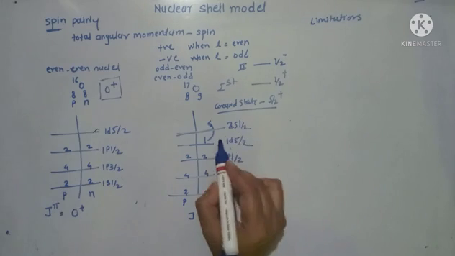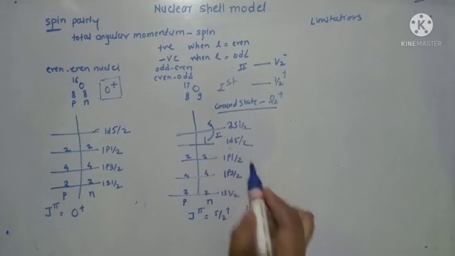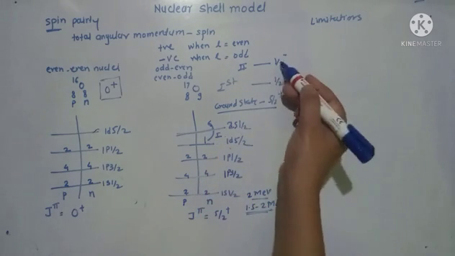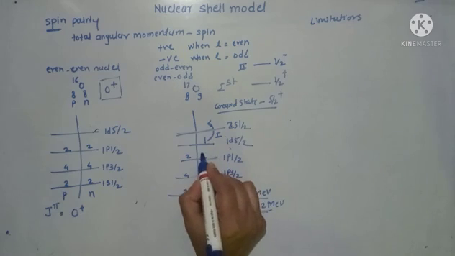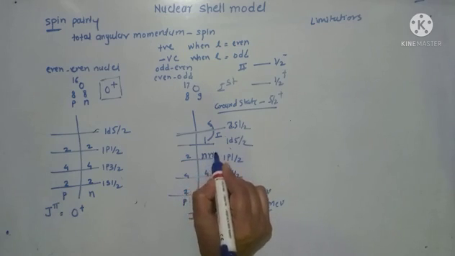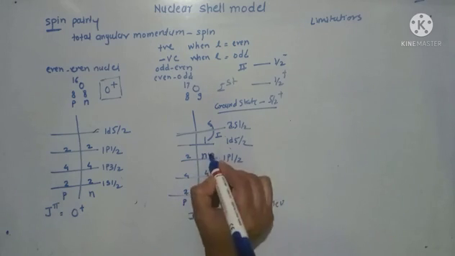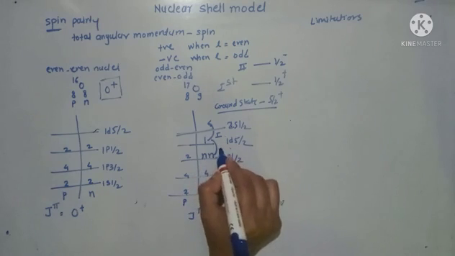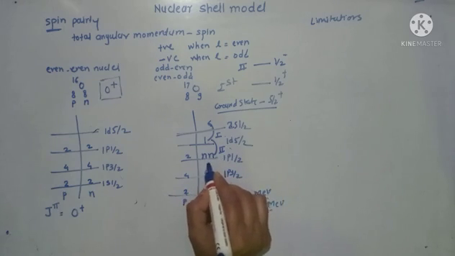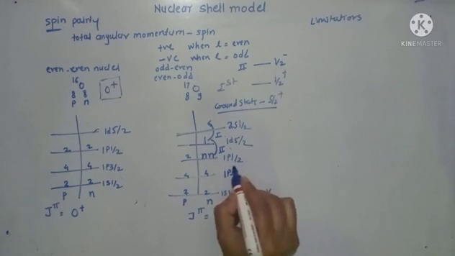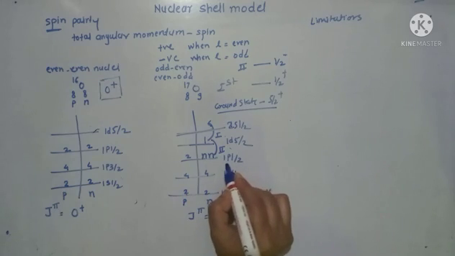Now in this figure, how can we get the second excited state? The second excited spin parity can be given only if the neutron from this 1p 1/2 jumps to 1d 5/2, and here one unpaired neutron will remain, and it will give me the spin parity of 1/2 minus.